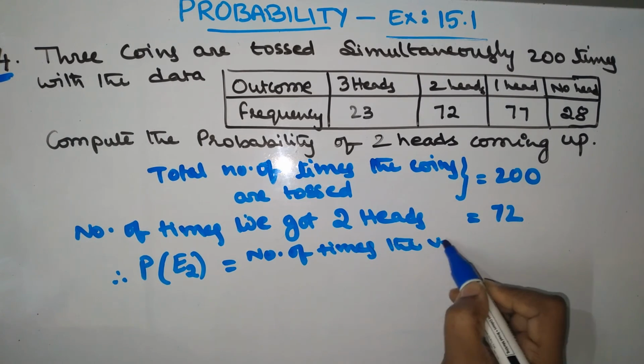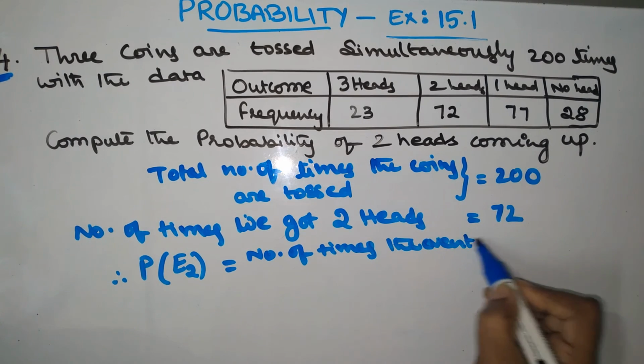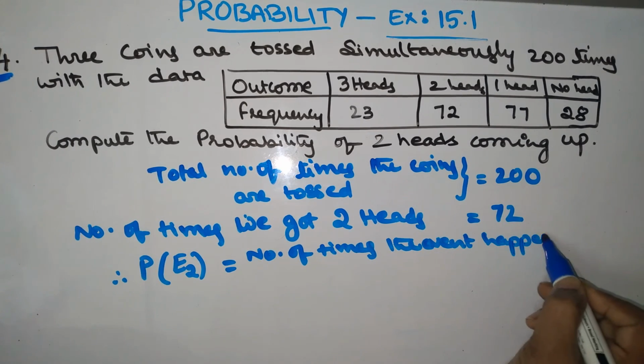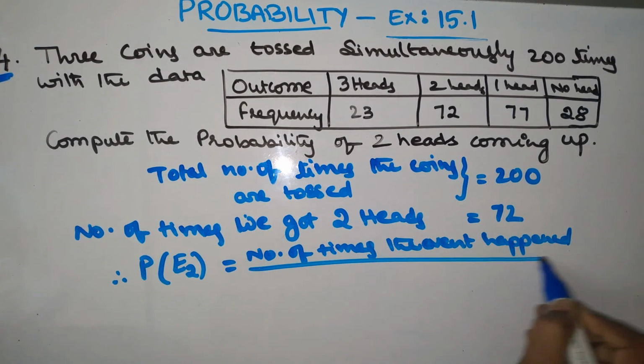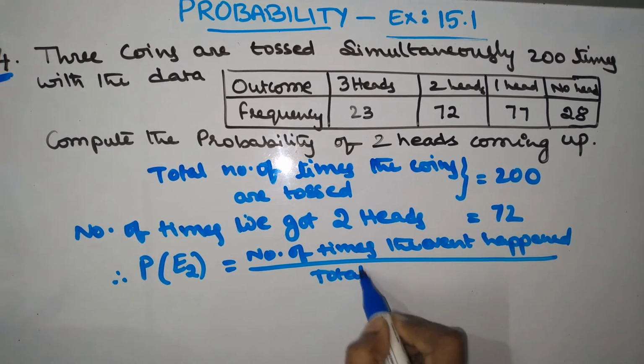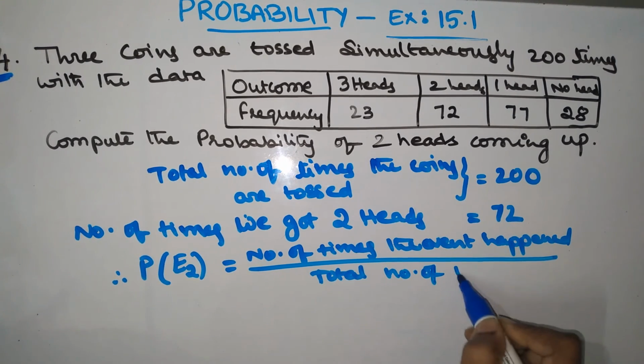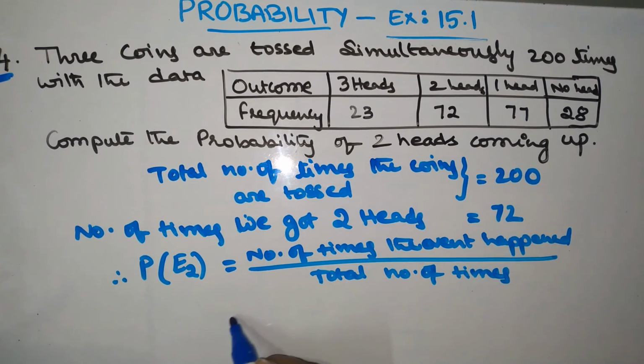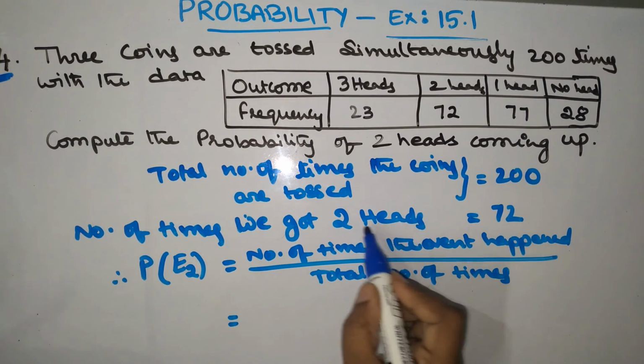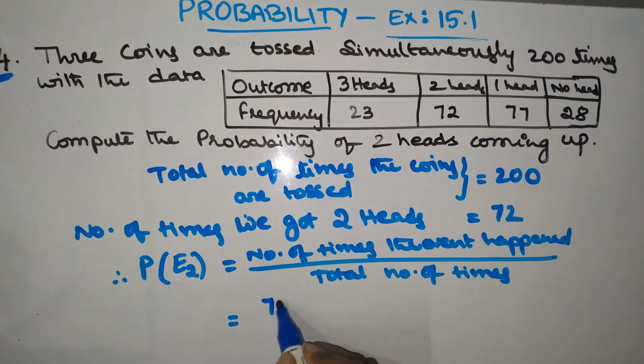That is equals to, how many times did 2 heads happen? 72 by total number of times 200.